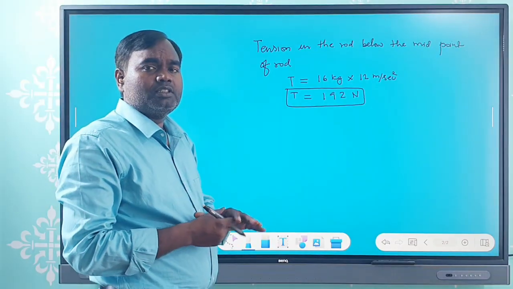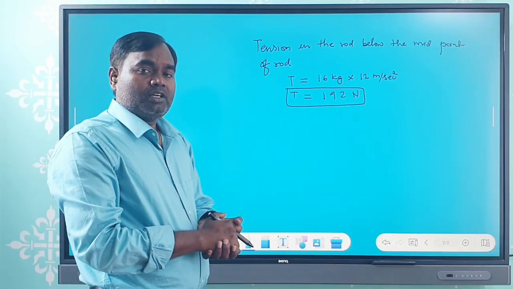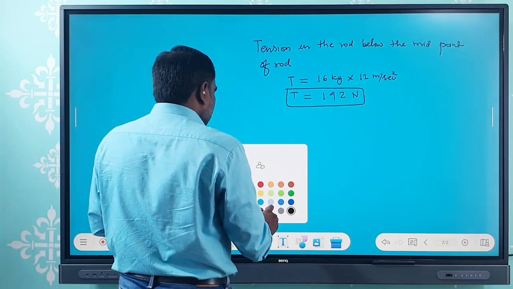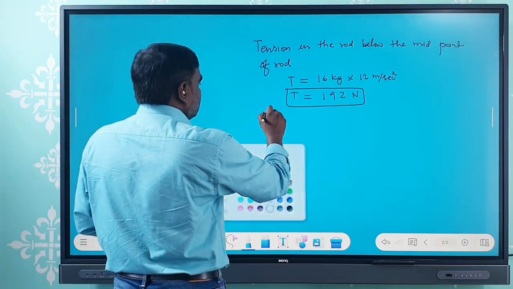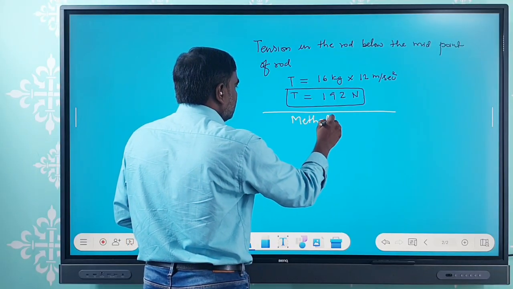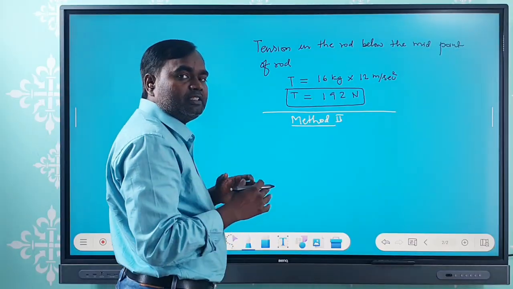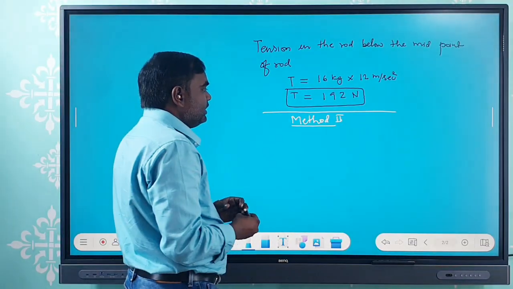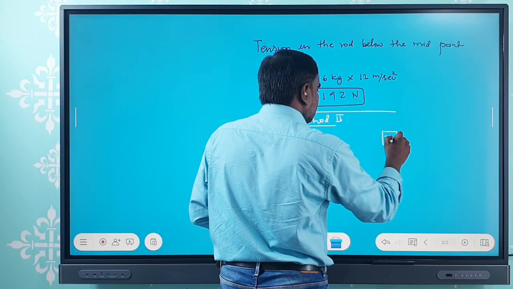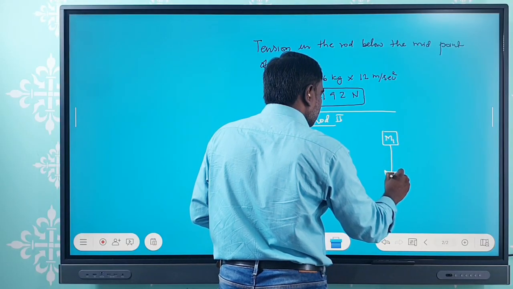Now, can we solve this problem another way? If we know that this system is placed on the earth, then yes, we can find the solution. Method 2: assume the system is placed on the earth. This is the mass m1, there is a rod in between, and this is the mass m2.